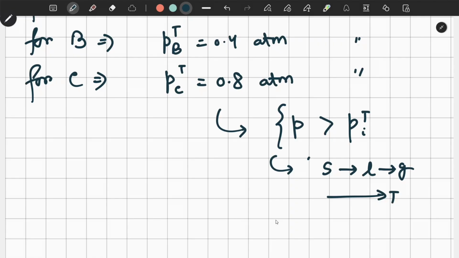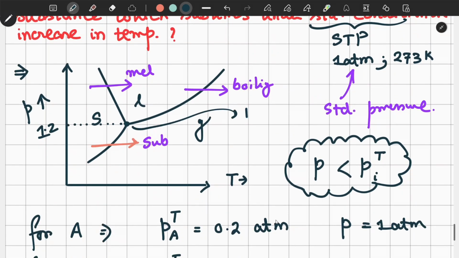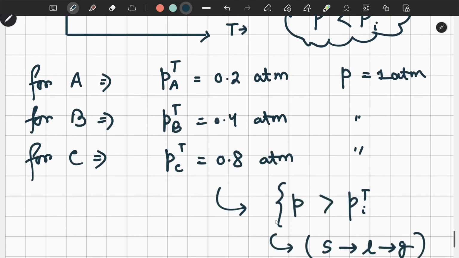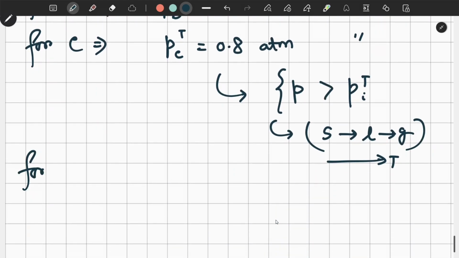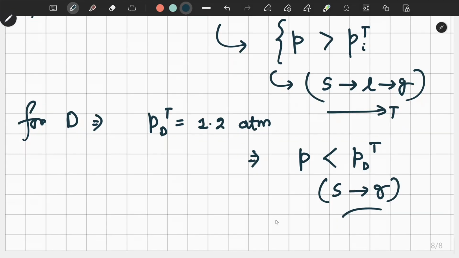Clear? But for D, it is 1.2 atm. Hence, the pressure is less than the triple point pressure of D, which means it will go solid to gas, it sublimes.